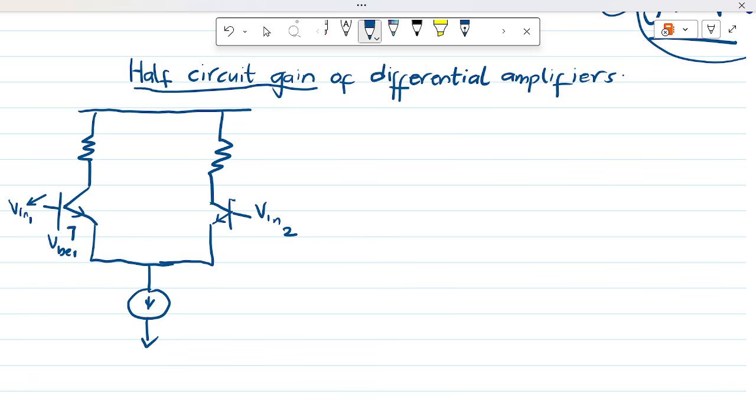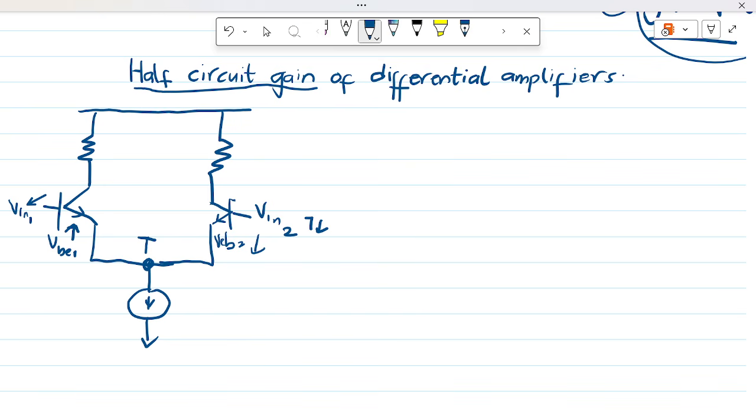Okay, and if it's a differential signal, meaning the Vin2 will change in the opposite direction, then the VBE2 will also change in the opposite direction to this one, which basically means the voltage at this node, call it node P or node T, will remain constant.